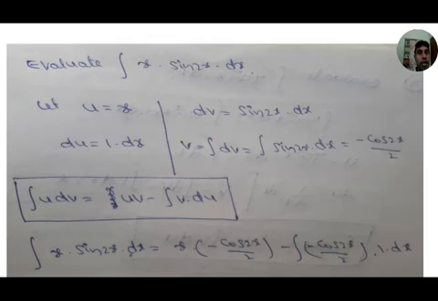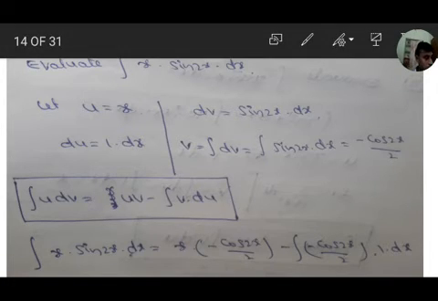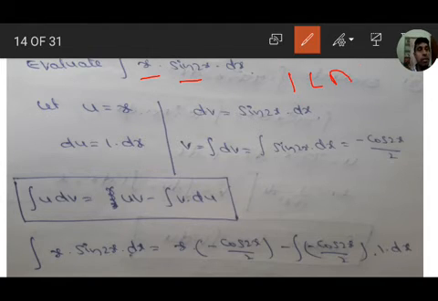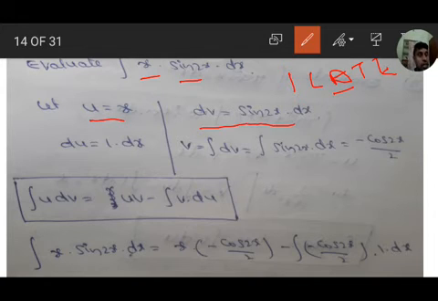Next, let us move to the next problem. Evaluate integration of x into sine 2x dx. Here x is an algebraic function, and sine 2x is a trigonometric function. The algebraic function comes first, so u equal to x, and the second function, the trigonometric function, dv equal to sine 2x dx.